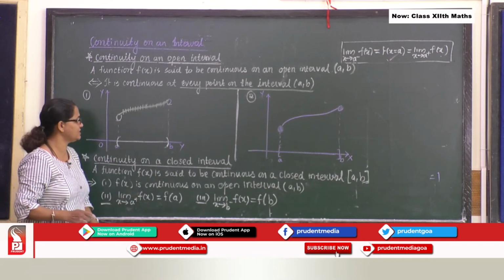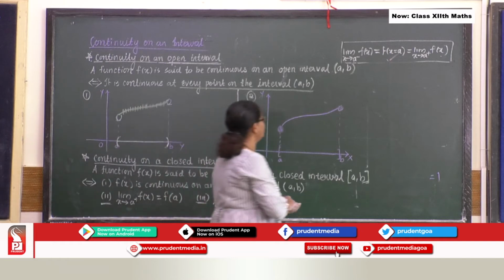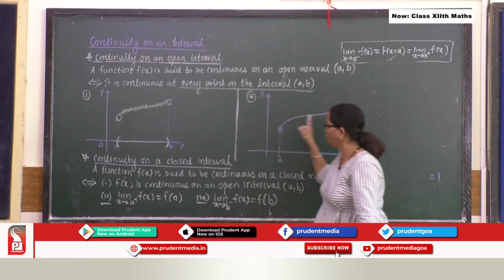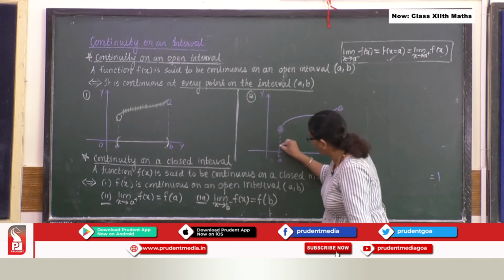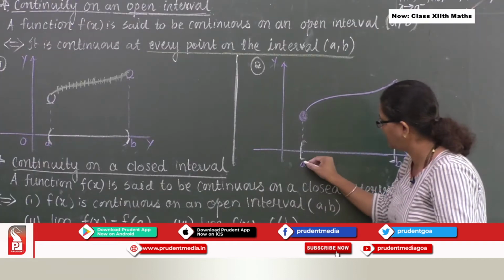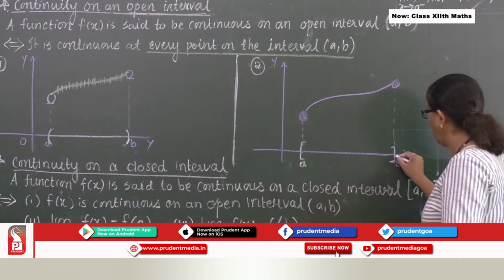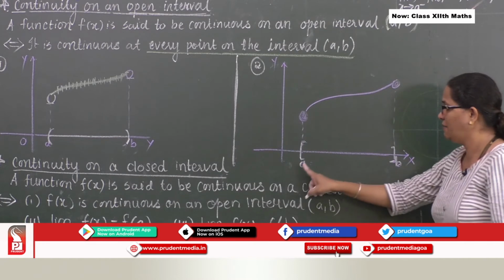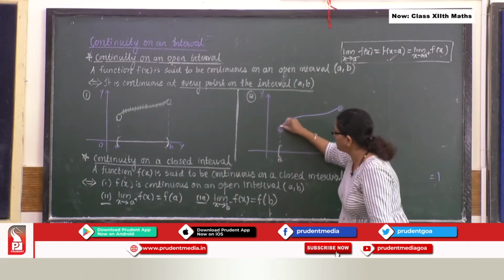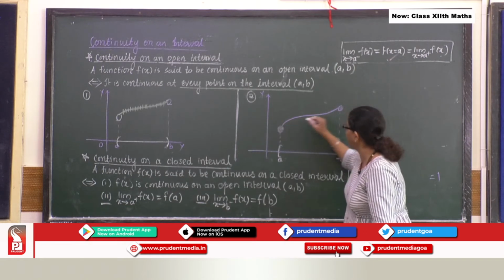Okay, so let us talk about the second situation. Look at the graphs. Now over here the graphs look similar, but remember here these are extremities, x equal to a and x equal to b. Both the values I am considering over here. So you can see these circles I have shaded.